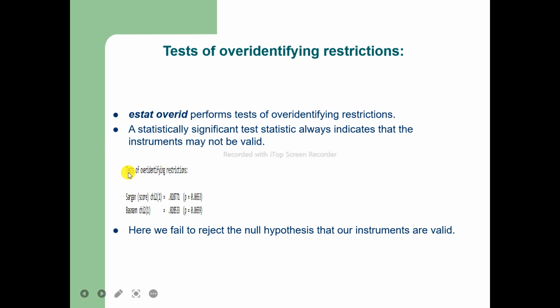Let us suppose this is our output of the test. Both the Sargan score chi-square test value and the Wu-Hausman chi-square value have p-values which are greater than 0.05. So we fail to reject the null hypothesis that our instruments are valid. So it means our instruments are valid.